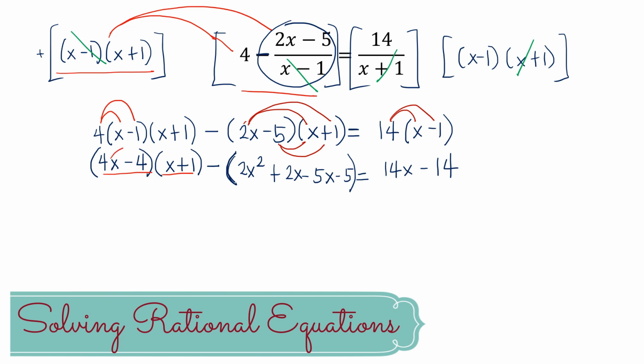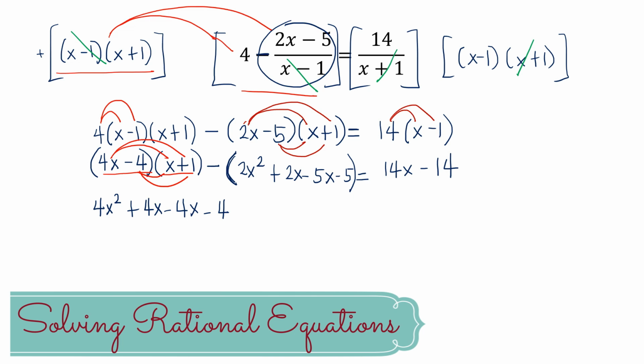So distribute 4x to x and to positive 1, and negative 4 to x and to positive 1. So 4x times x is 4x squared, and then 4x times 1 is 4x. Then negative 4 times x is negative 4x, and then negative 4 times 1 is negative 4.